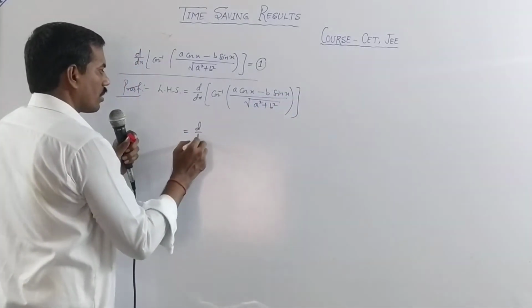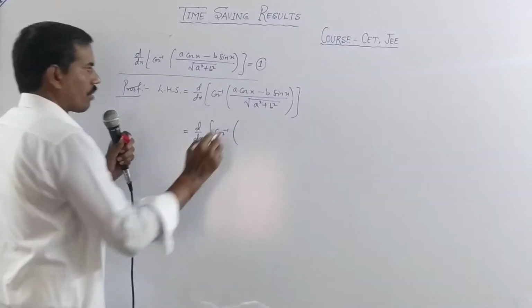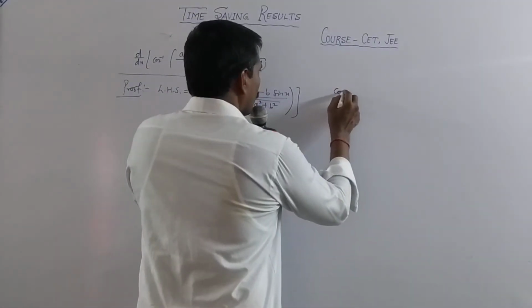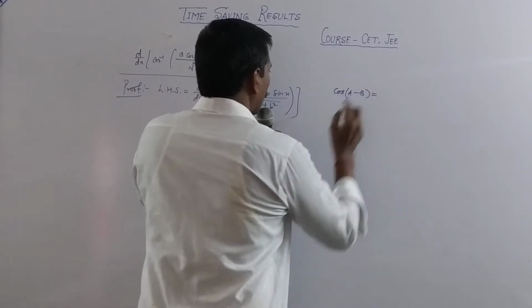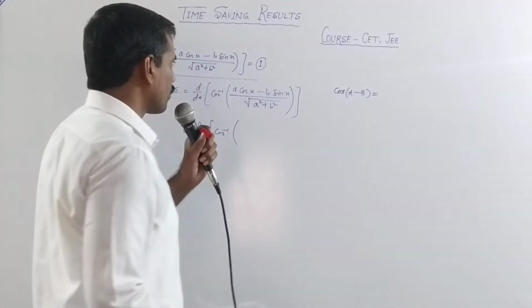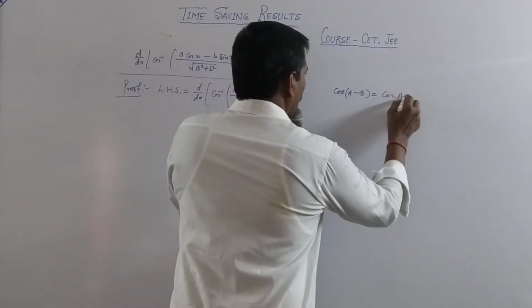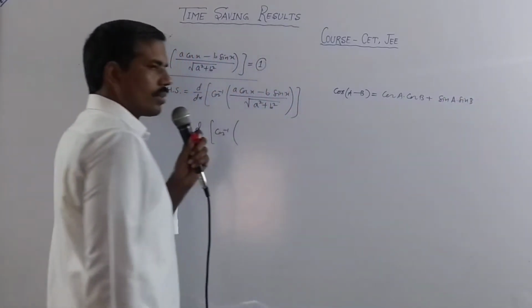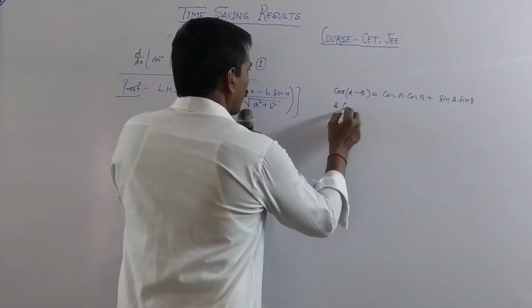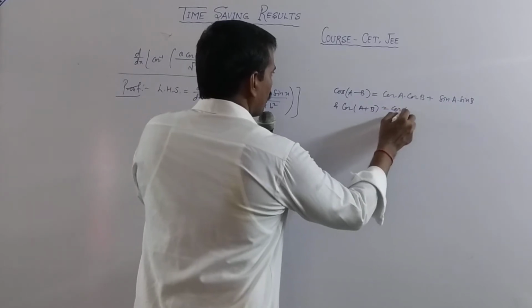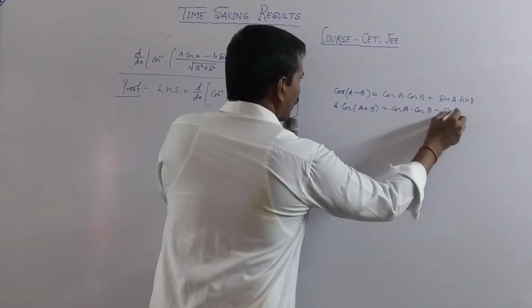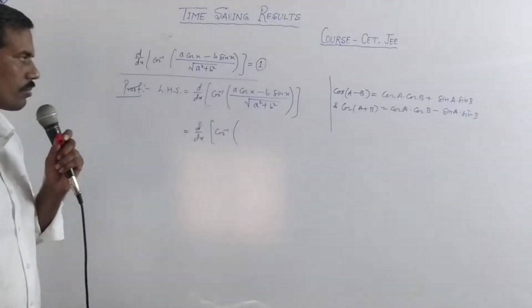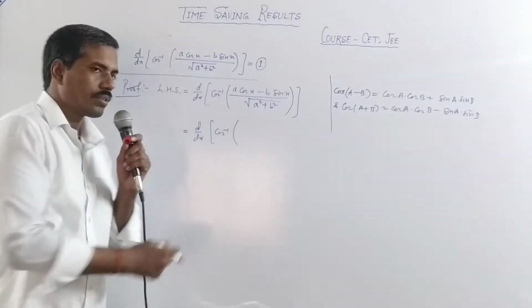Students, we know the compound angle formulas: cos of (A minus B) is equal to cos A cos B plus sin A sin B, and cos of (A plus B) is equal to cos A cos B minus sin A sin B. Please compare, we have to use that format in our result.